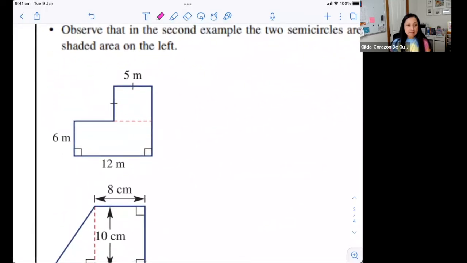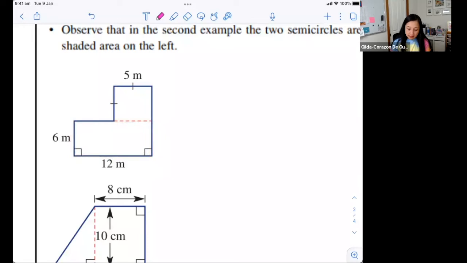Okay, so let's probably have a look at an example here, right? So this is a composite shape, and what would it be composed of? What shapes are they composed of? I could see here that there's a square and also a rectangle, just like this one here, right?